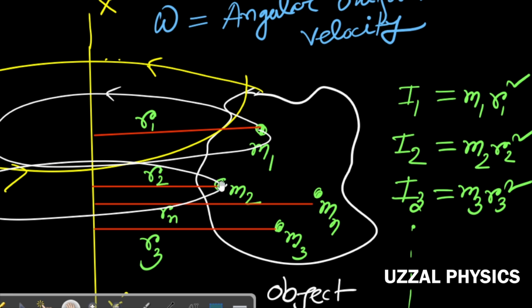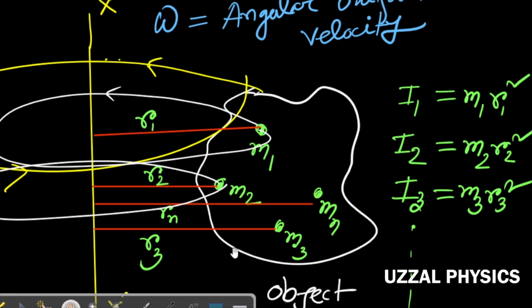So the rotational path of the m1 object and the rotational path of the m2 object will be different. That means there are a lot of particles, and every single particle's rotational path and perpendicular distance from the rotational axis will be different.